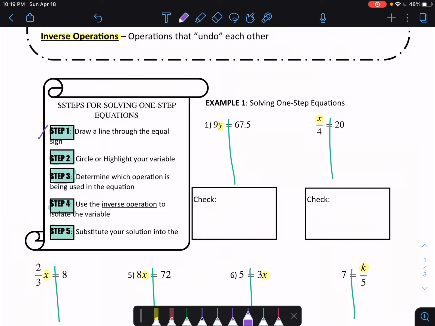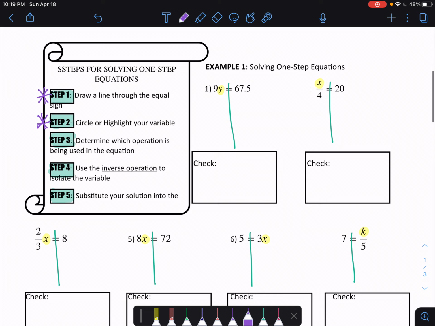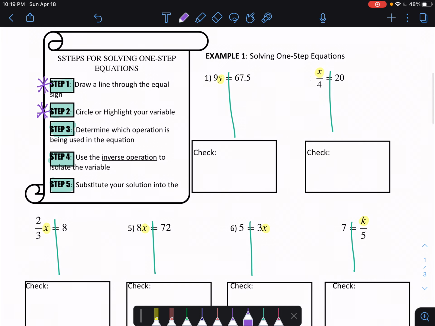Remember that steps 1 and 2 are required before you may ask for any assistance with solving because they do not require any extra skills. So everyone can draw the line through the equal sign and everyone can circle or highlight the variable. So I've gone through and I've done that for all of my equations already.